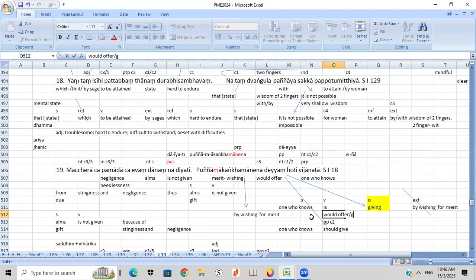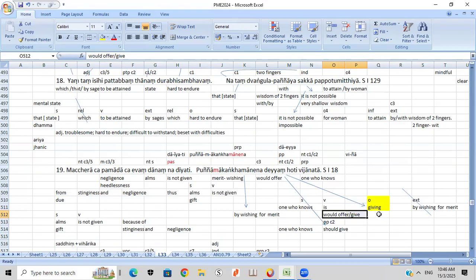Offer and give are the same. Okay, so here: one who knows would offer by wishing for marriage. That is what you find in this line, would offer.